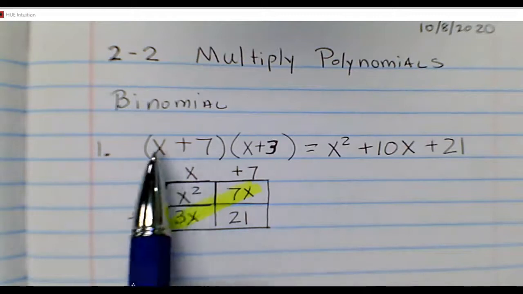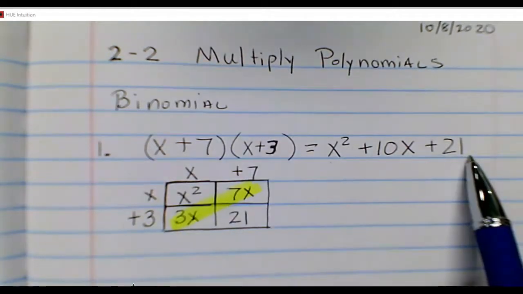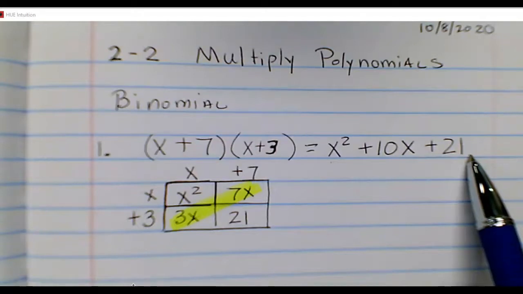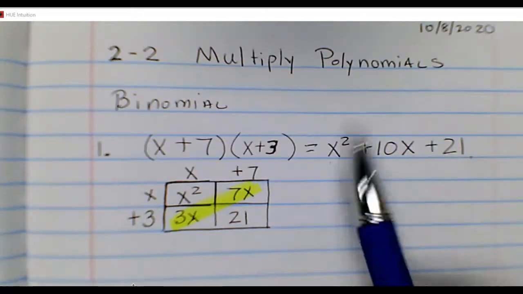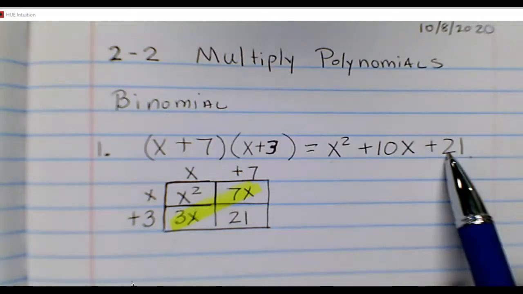So when you multiply a binomial times a binomial, you often get a trinomial answer. When you write down the answer, it needs to be in standard form. Standard form means the x squared comes first, and then the x term, and then the constant number.